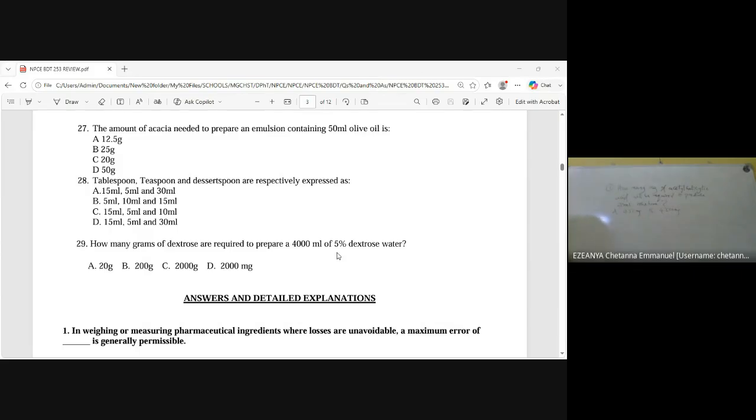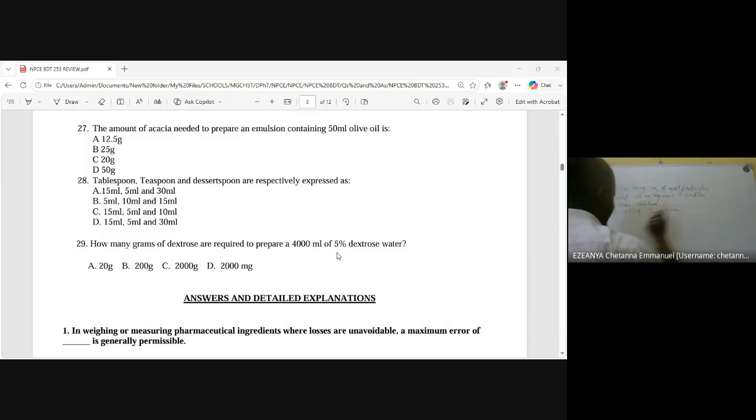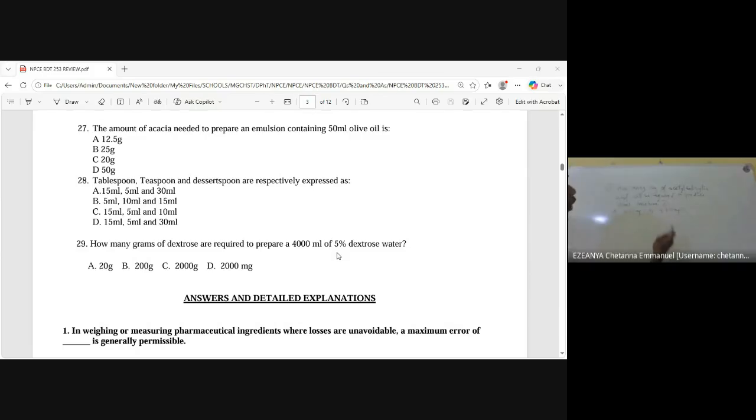Option C, 900 milligram. D, 45 milligram.